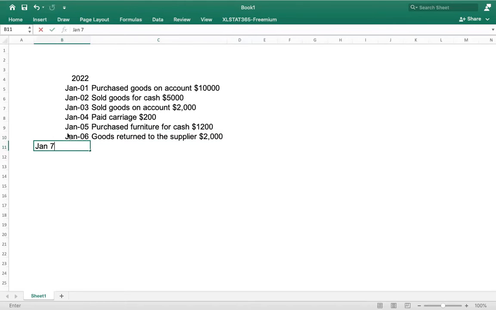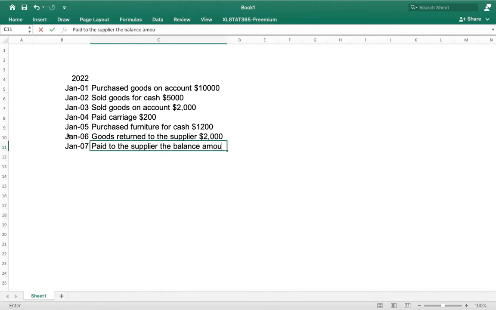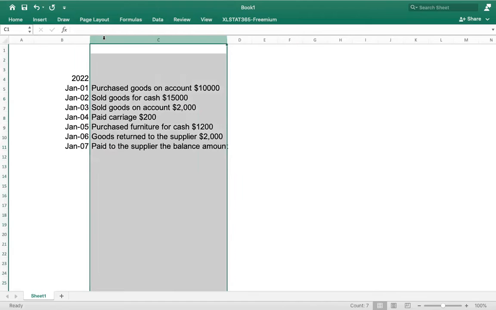Next, Jan 7, paid to the supplier the balance amount. And here instead of 5,000, let me make it 15,000. Sold goods for cash, $15,000, right? So these are our transactions.